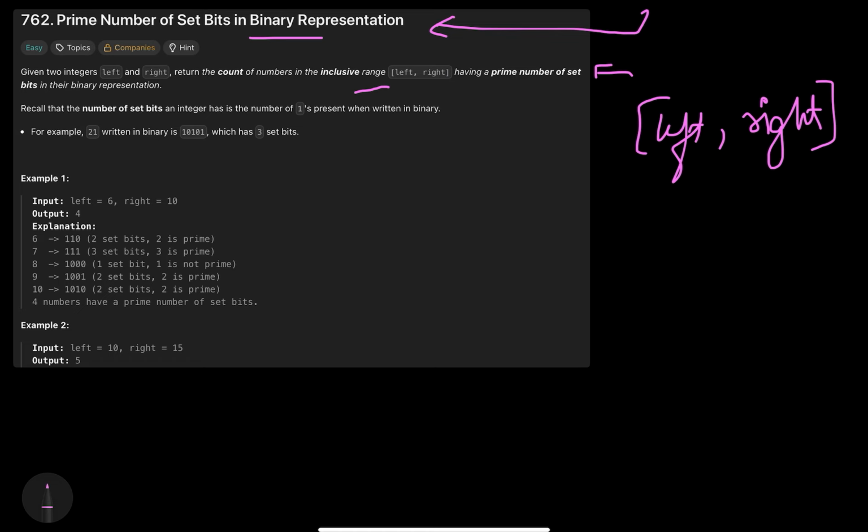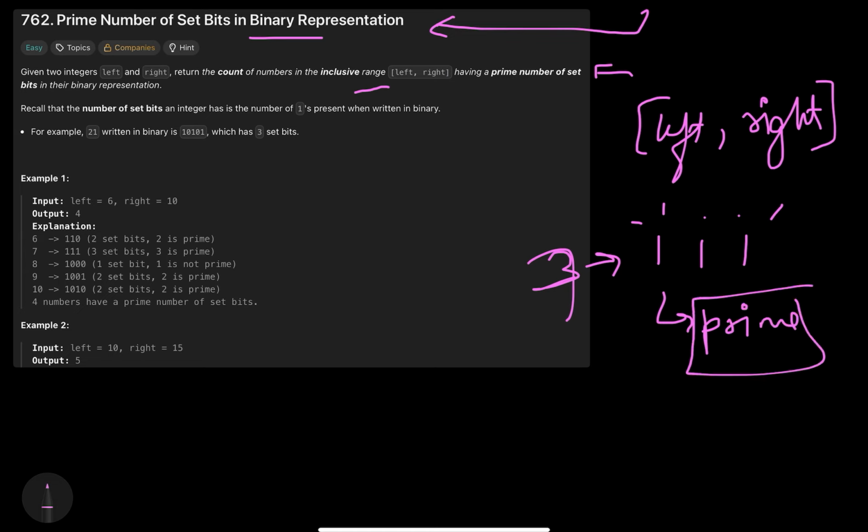Having a prime number of set bits in their binary representations means the number of set bits, that is the number of ones in their binary representations, should be a prime number. Suppose this is the binary of 7, 1 1 1, and the number of set bits is 3.